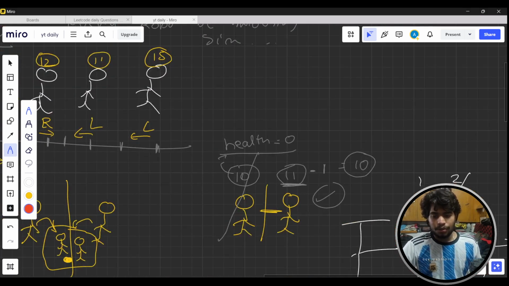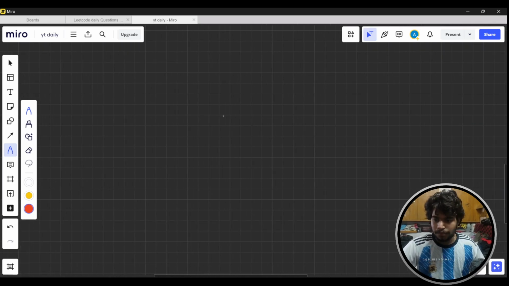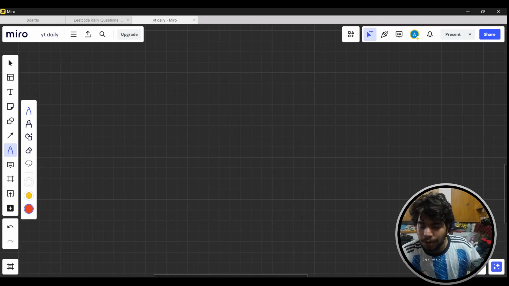Okay. So till now, I have discovered 2 points. Robots moving in the same direction will never collide.